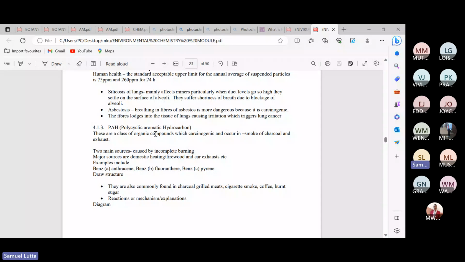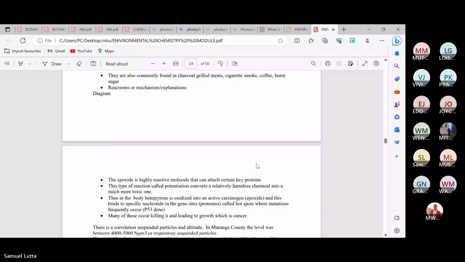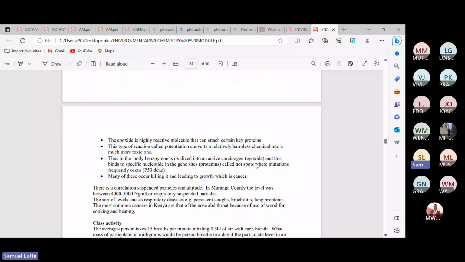So this is just to mention that the particulate compounds can be formed if combustion of the organics does not go to completion. So when it doesn't go to completion, then you are likely to form these compounds.